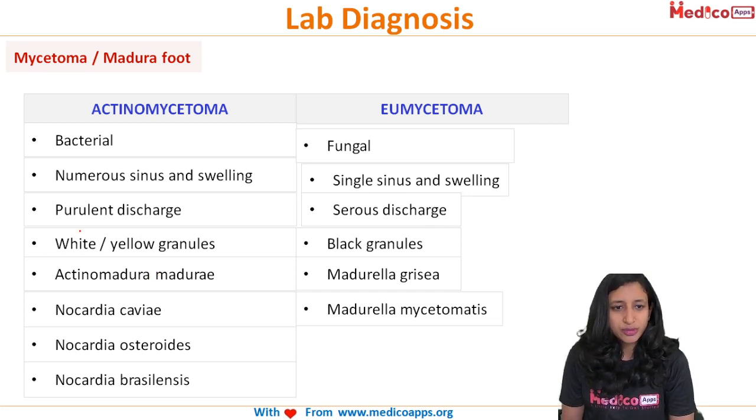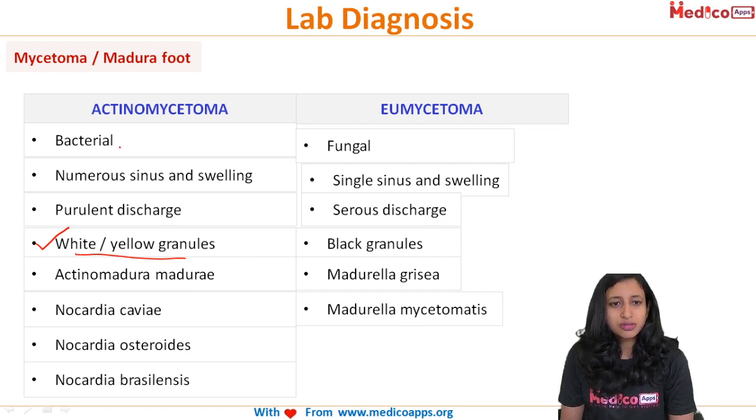But the thing that you have to remember here is the color of granules. You have white or yellow granules which are normally seen. Now the most important organism to remember here is Actinomadura madurae. Nocardia species are also involved in actinomycetoma. So this is what you have to remember.